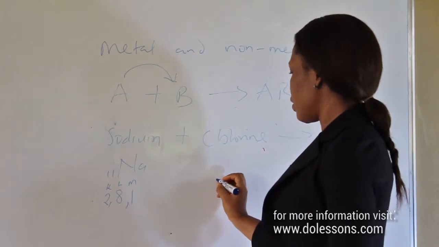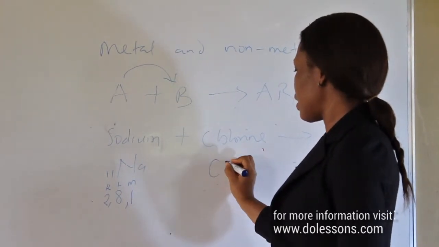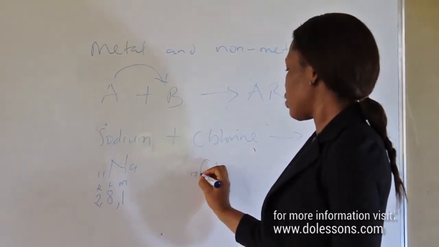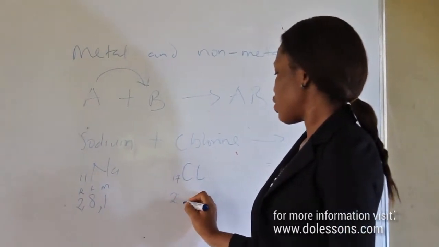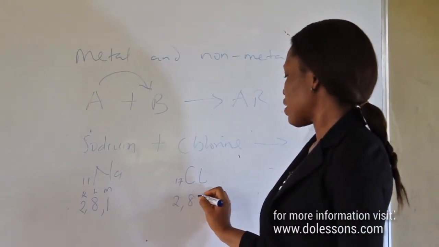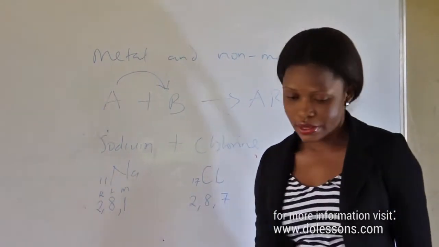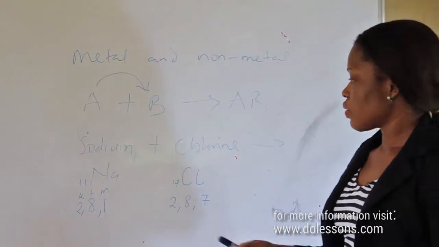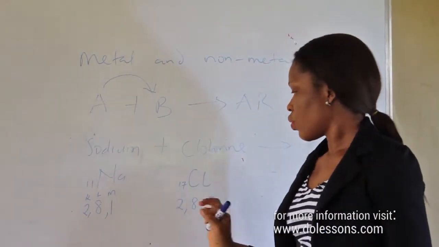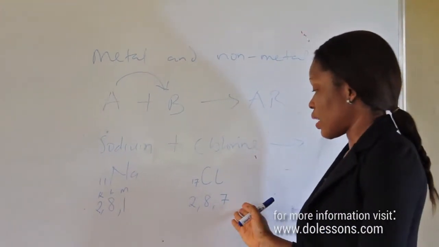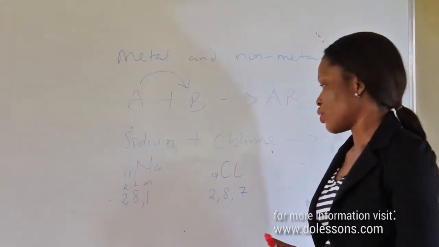While chlorine has 17 electrons, 2 in the innermost shell, 8 in the next shell, while the last shell has 7 electrons. So sodium has 1 electron in the outermost shell, while chlorine has 7 electrons in the outermost shell.